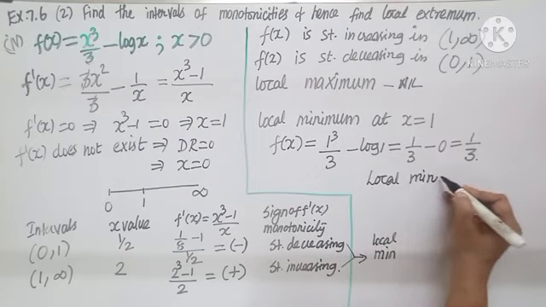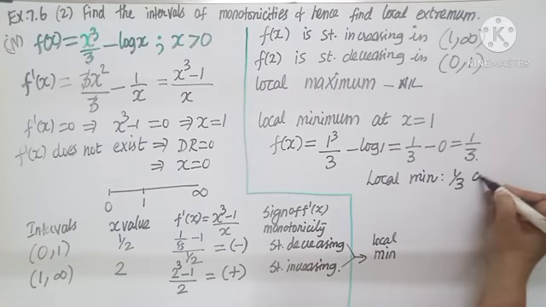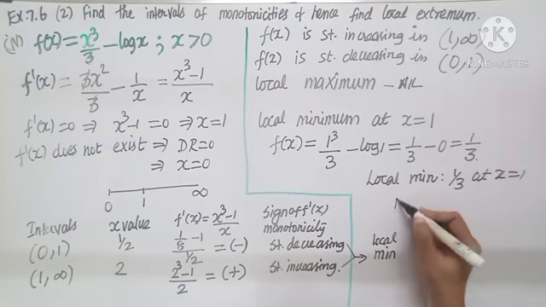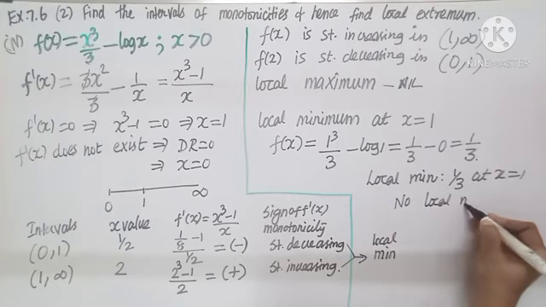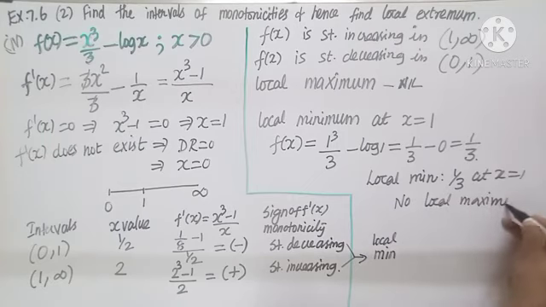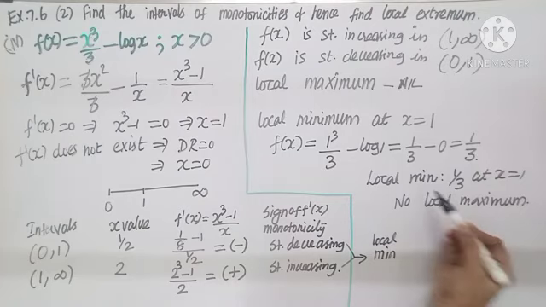And there is no local maximum. So we will just write no local maximum for this problem. So there are problems where only minimum may come but maximum no, only maximum may come and no minimum, or both. Sometimes we don't have both also.